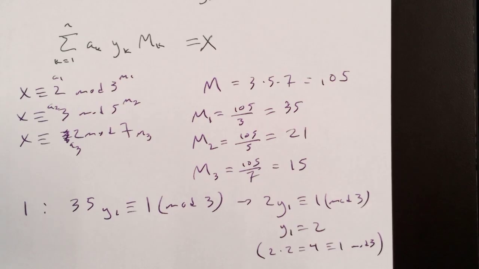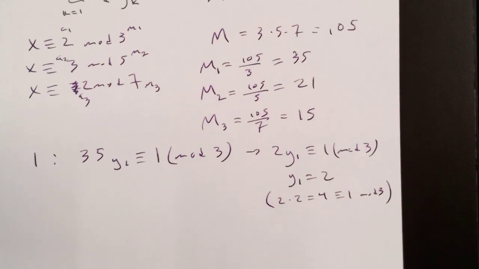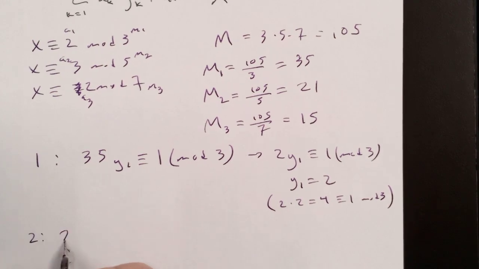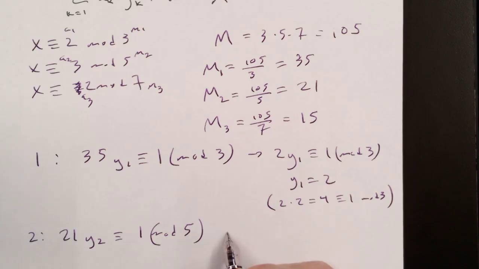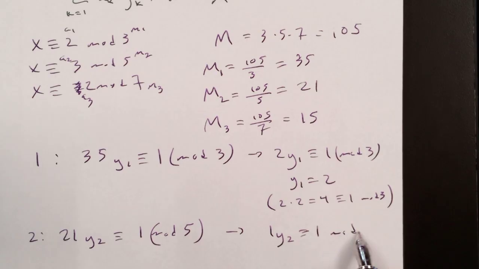Now let's do the second one. The second one, 21y2 congruent to 1 mod 5. But I'm working in the mod 5 universe. 21 is too big. What's 21 mod 5? That's nice and easy. 1y2 is equal to 1 mod 5. I'm done. y2 is equal to 1.